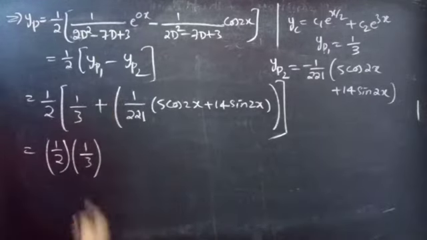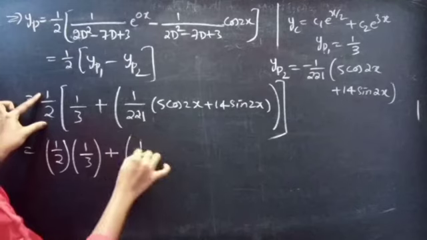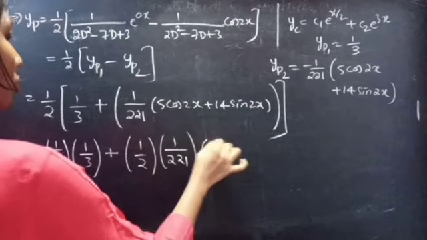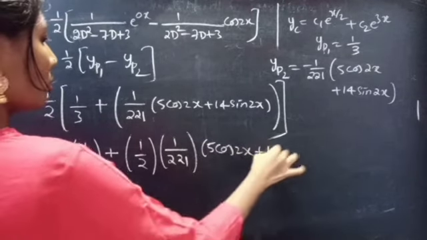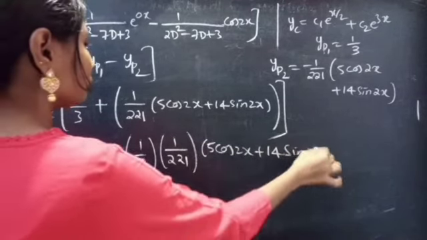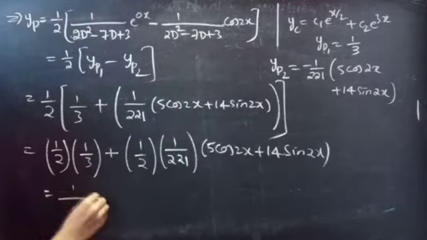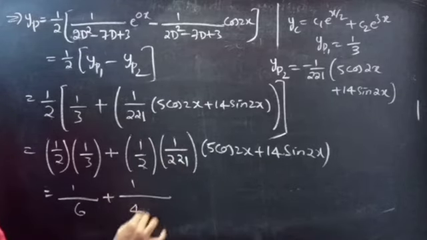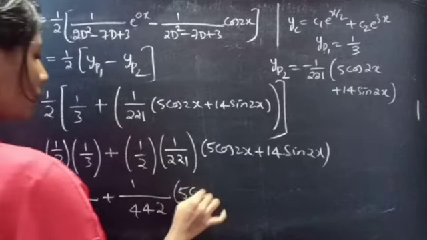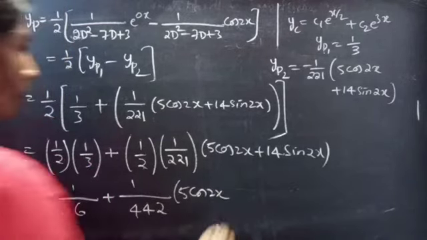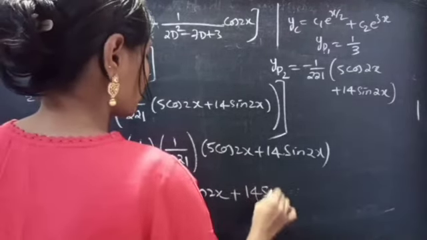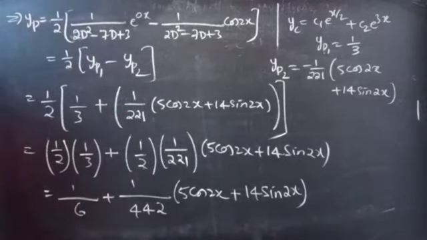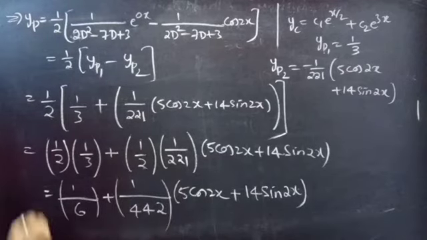I'll remove minus here. Then we'll get plus 1 by 2 into 1 by 221 into (5 cos 2x + 14 sin 2x). This equals 1 by (2 threes are 6) plus 1 by (2 into 221 is 442) into (5 cos 2x + 14 sin 2x), which is our required yp.